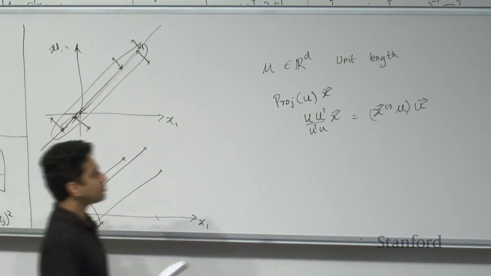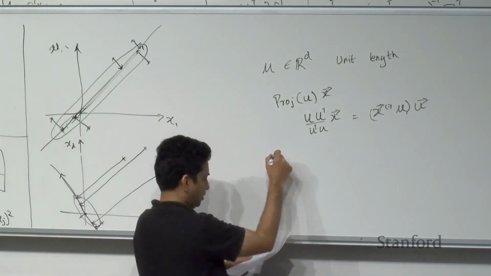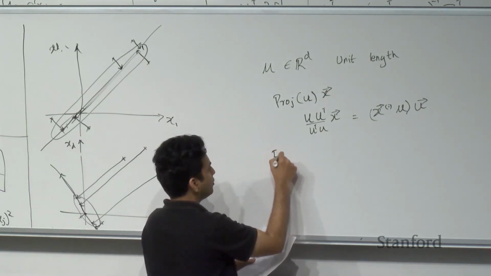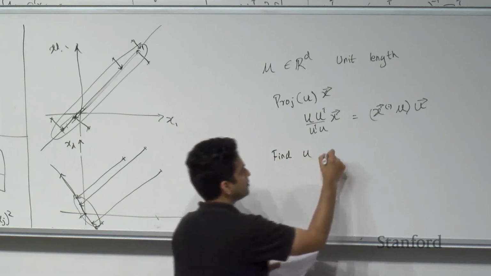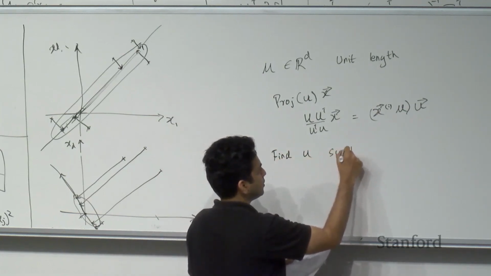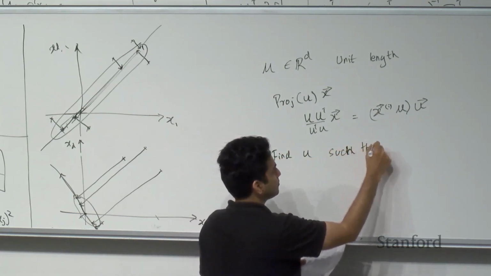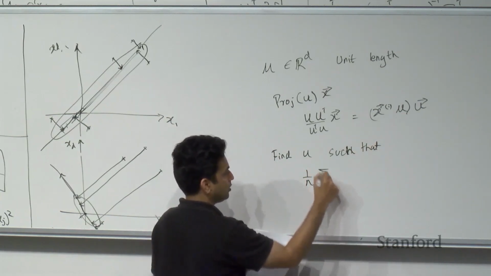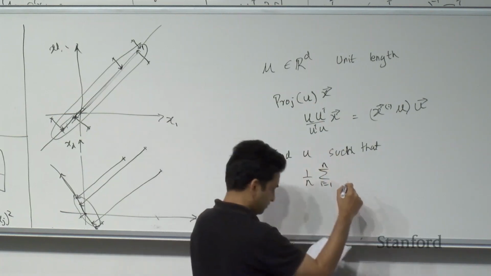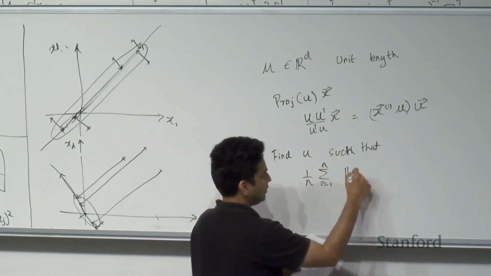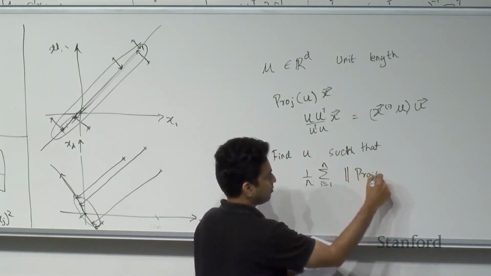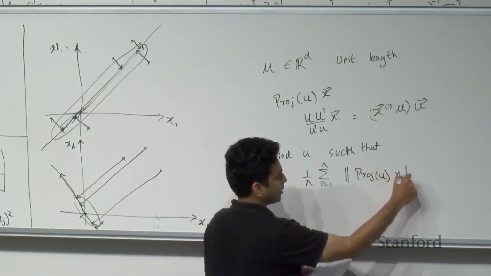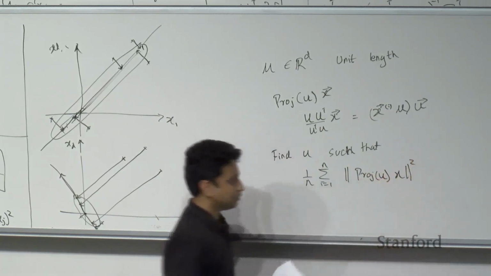So what we want to do is find u such that 1 over n, sum i equals 1 to n, of the norm of the projection of x onto u, squared, is maximized.